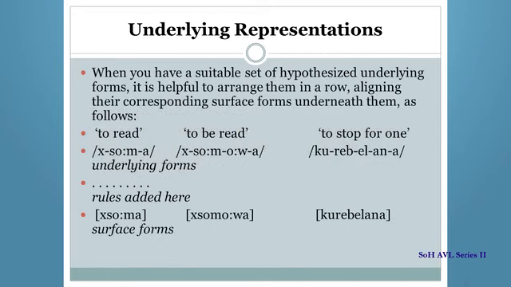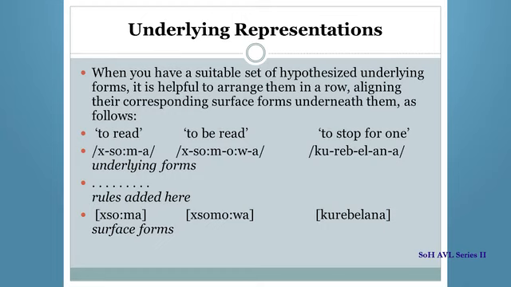Working out the rules. When you have a suitable set of hypothesized underlying forms, it is helpful to arrange them in a row, aligning their corresponding surface forms underneath them as follows. If you follow it, you will understand what is happening there. To read, zosoma.